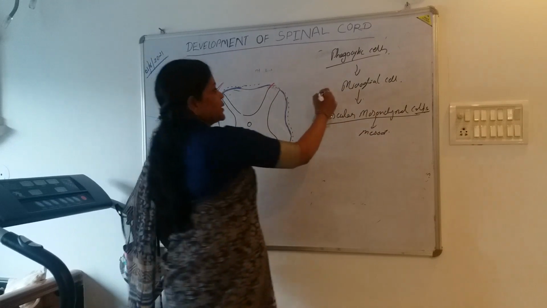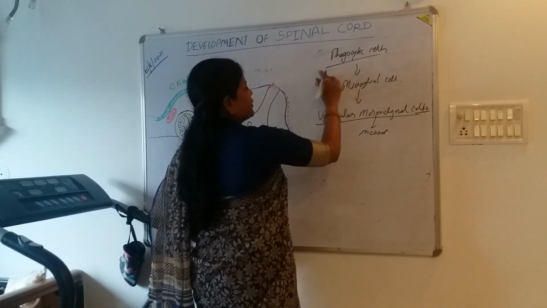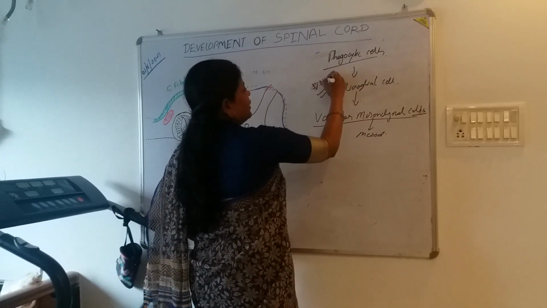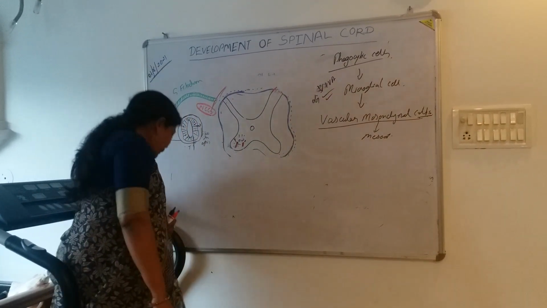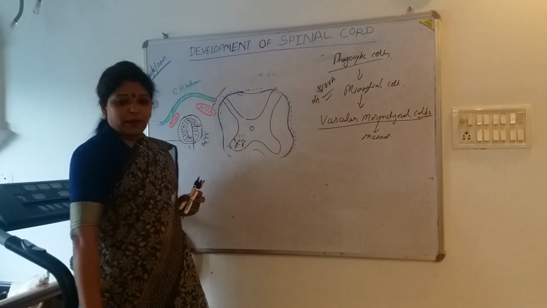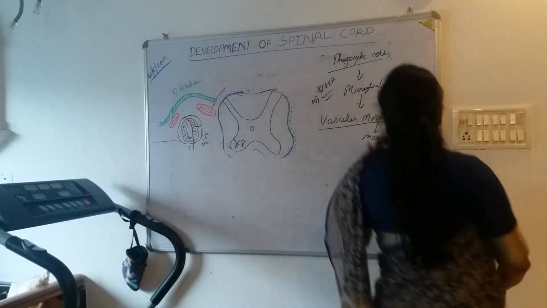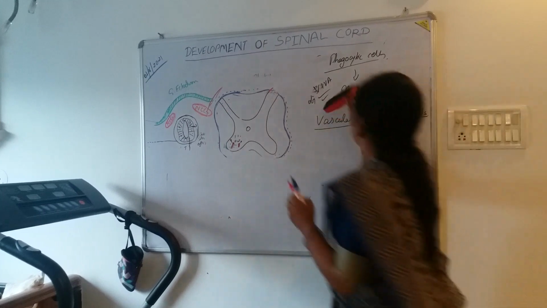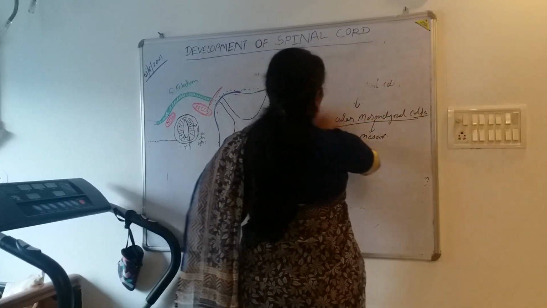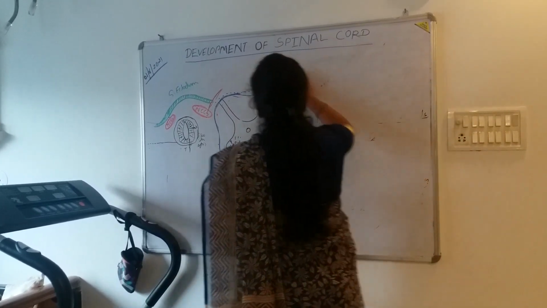This is very important for the viva as well as the objective. So please note it down: the microglia cells are derived from the vascular mesenchyme.